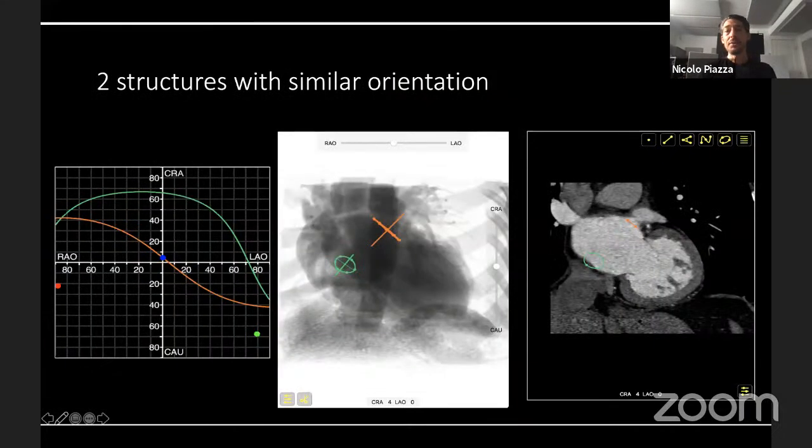Also remember that if two structures have very similar orientations, in this case the atrial septum in green and the left atrial appendage in orange, their S-curves are going to be very, very similar. You can see that both of these S-curves avoid the areocaudal quadrant.